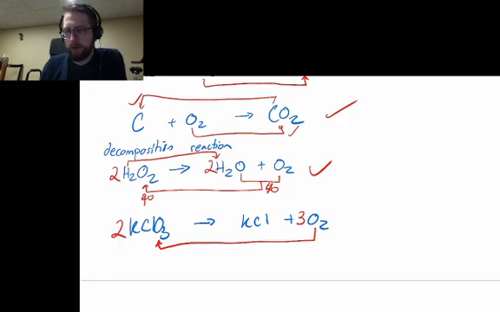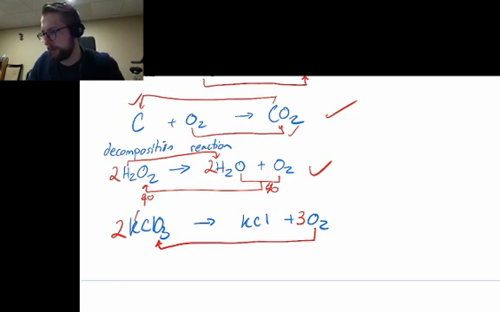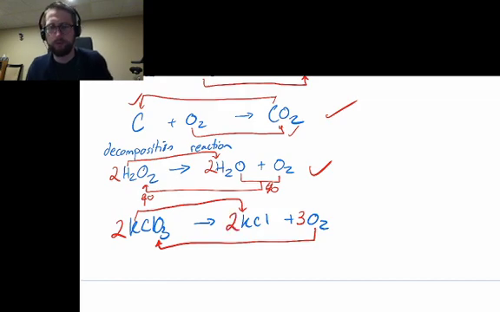We're going to multiply one side by 2 and one side by 3 because we had subscripts of 3 and 2. Now they've been multiplied, I have 6 oxygens on the left and 6 oxygens on the right. And now I can look for my other balancing point. Let's take the potassium, for example. I look and I see that there's 2 on the left and 1 on the right, so let's put a 2. And now we are good to go.